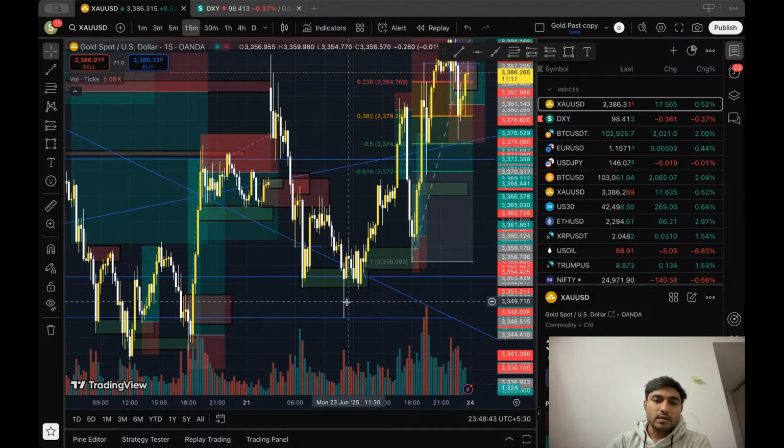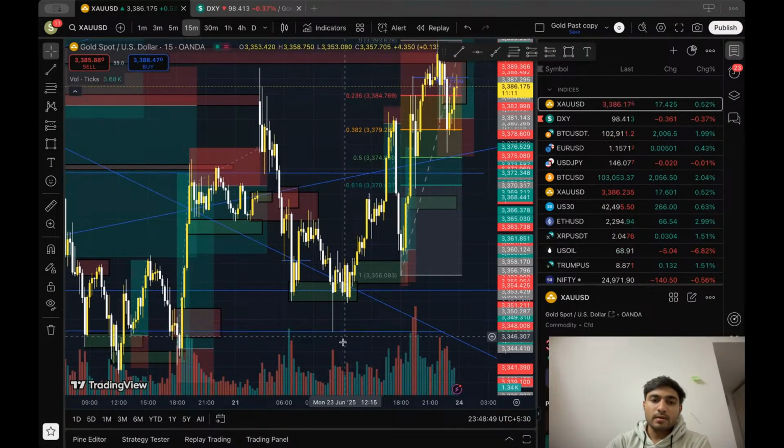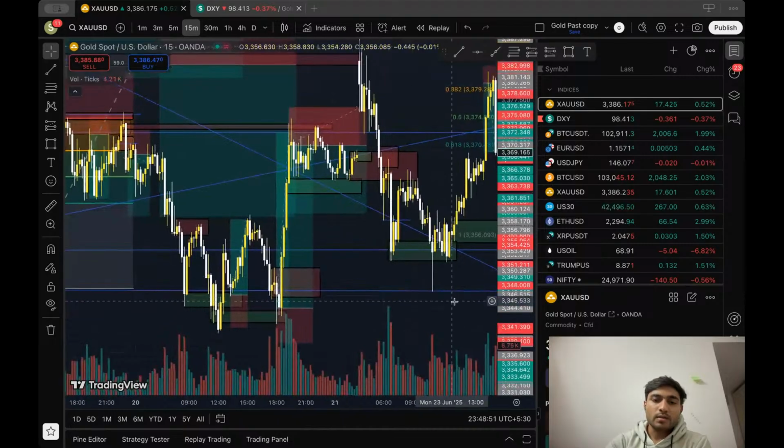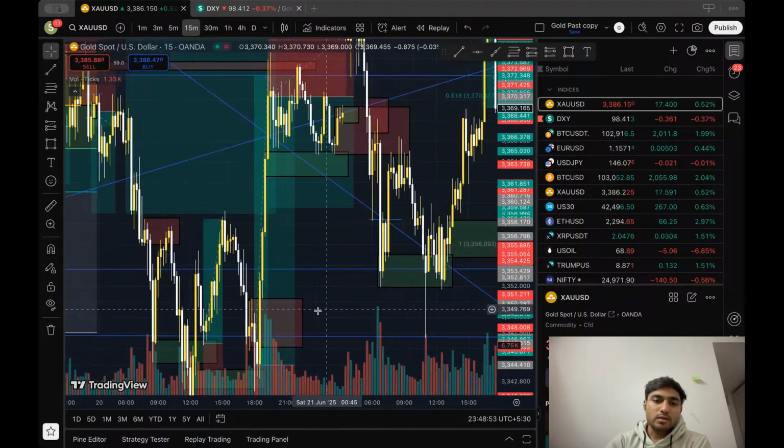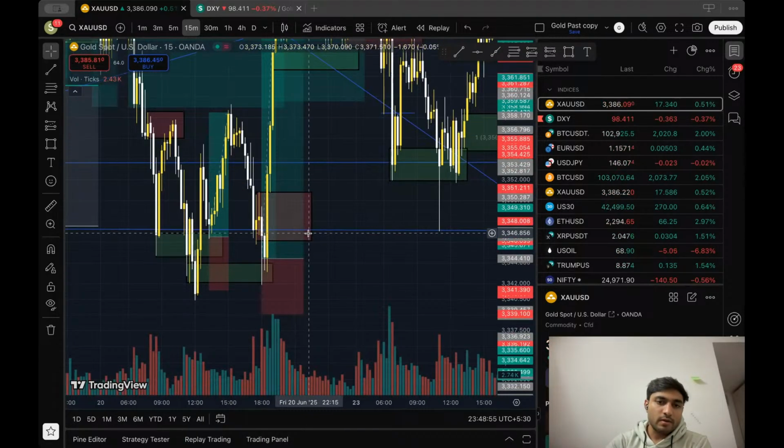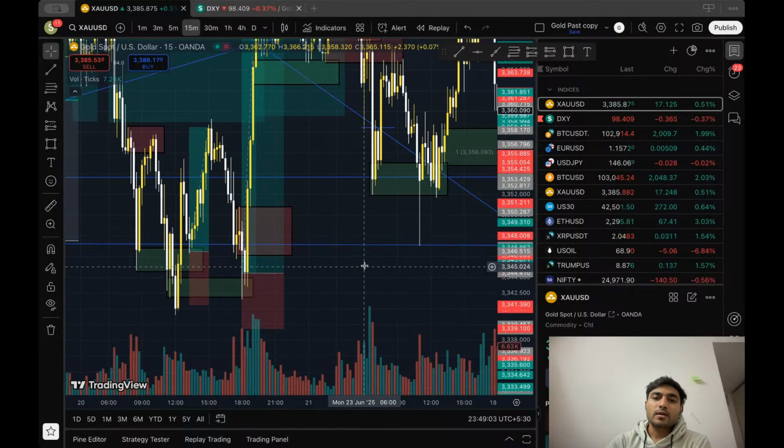After this level of support, that was good. And that support actually was this fair value gap cover. Almost, yes, I think it covered it, and that is that trade.